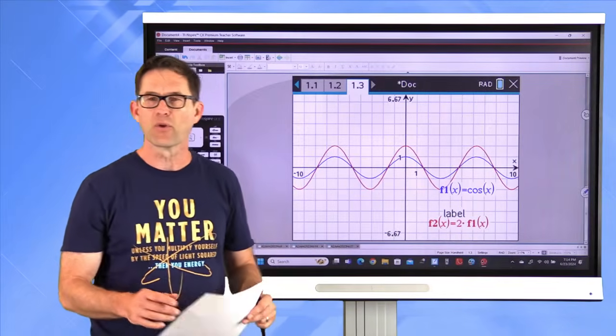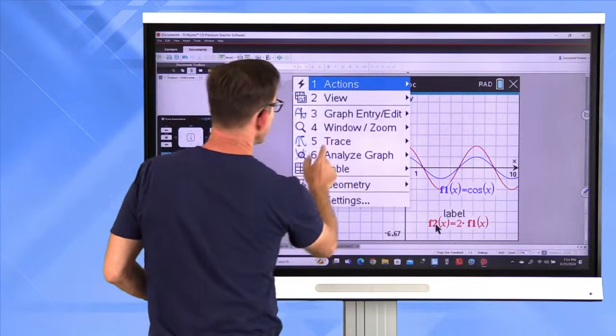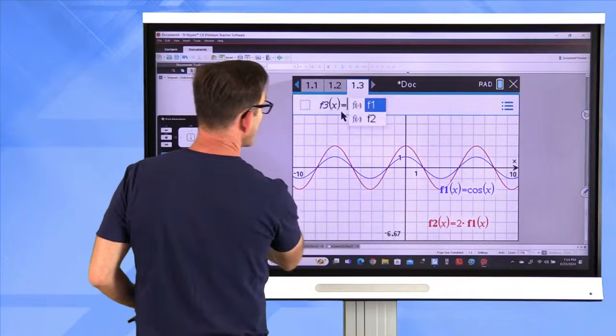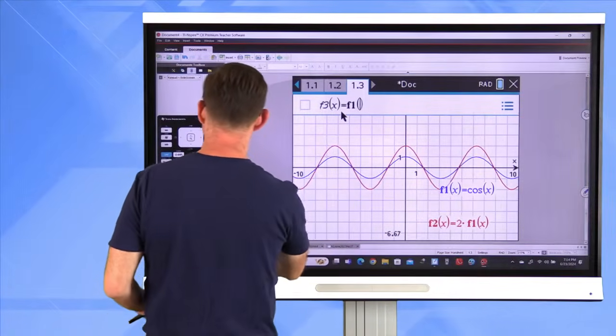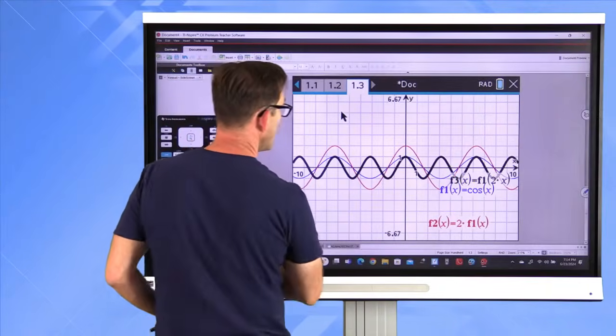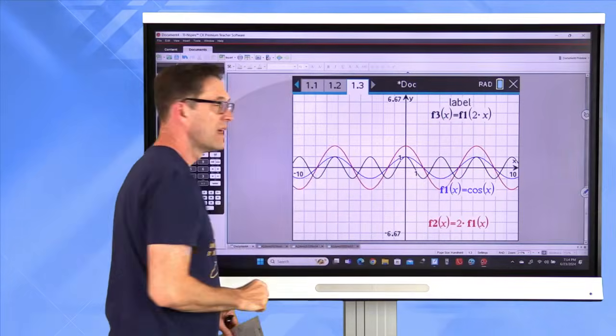And the other one, remember, was f of 2x. If I did menu and went into graph entry edit, here we go. Let me now do vars. Now I got to choose f1, not f2, of 2x. And let me do this. That's the one in black there.